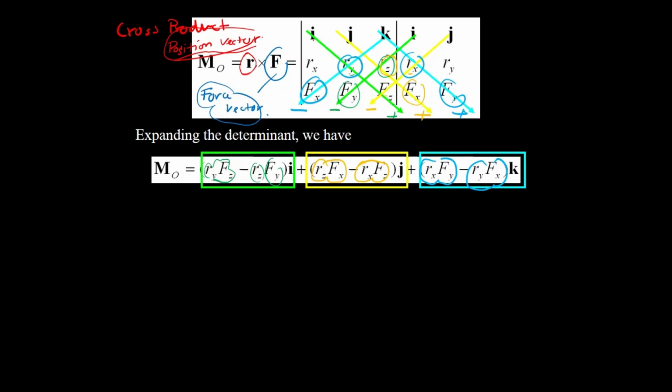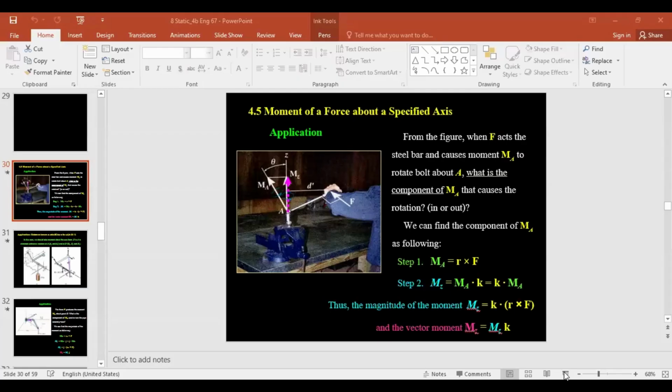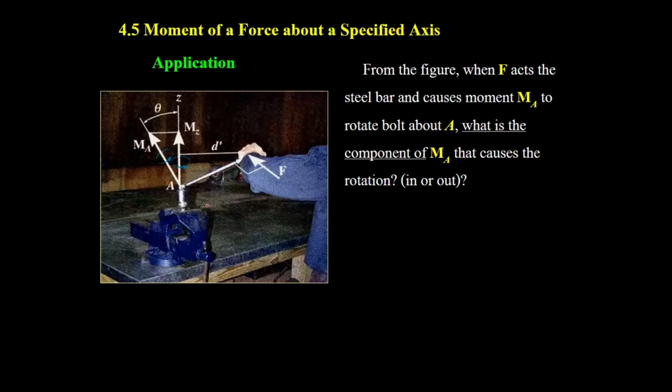That's going to be in the form of a vector. And then we have another thing that we haven't used yet. It's about the moment about a specific axis.